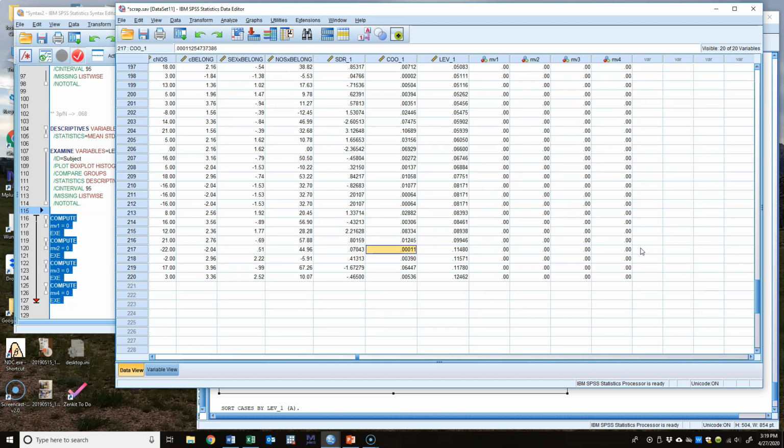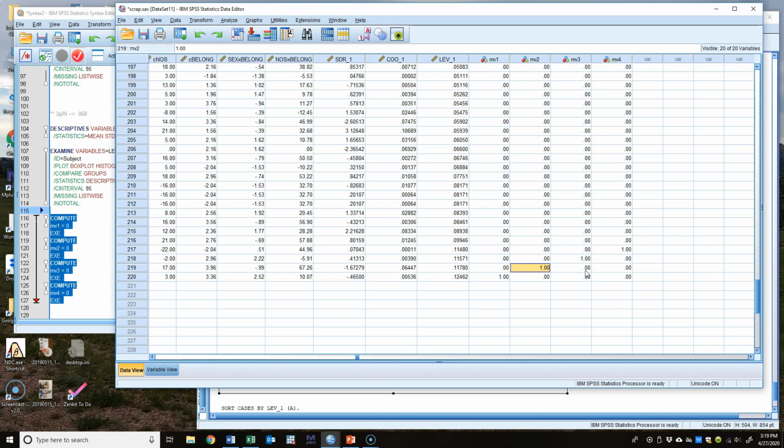Okay, but what I'm going to do is indicate, so this is my case with the largest leverage value, second largest, third largest, whoops, fourth largest. So MV1 identifies the case with the highest leverage value versus everything else.